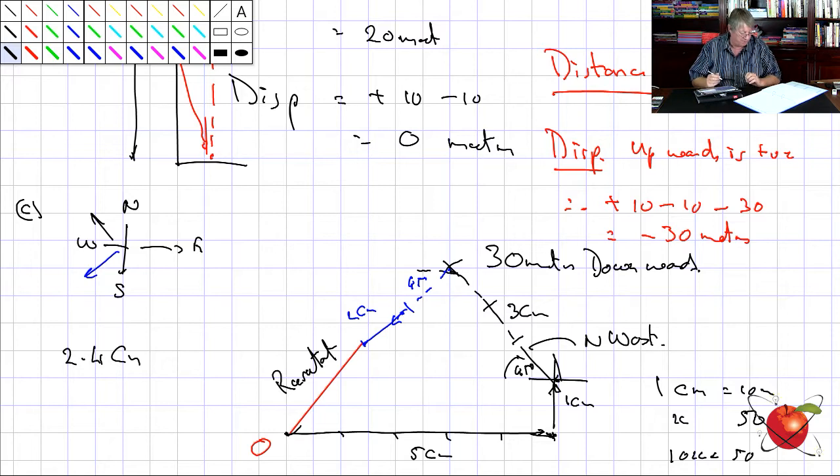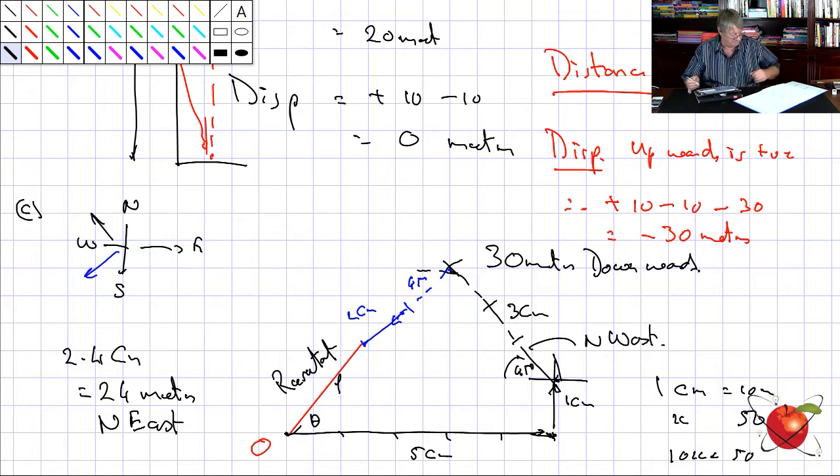So 2.4 centimeters is going to be equal to 24 meters, at 45 degrees, and it's going to be northeast. Because I measure the length and I measure the angle over there. So that's what I measure. Now, obviously, there's accuracies and things like that.